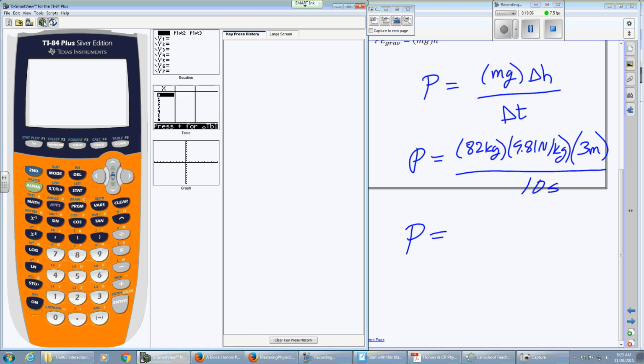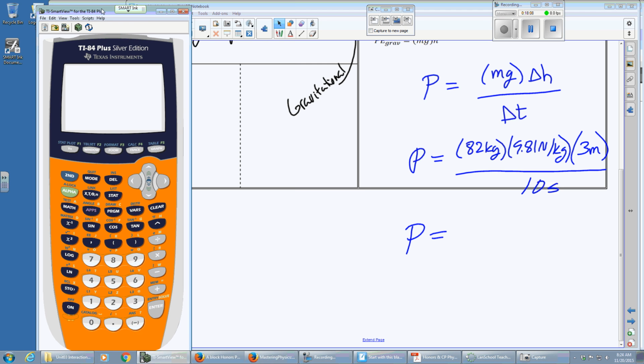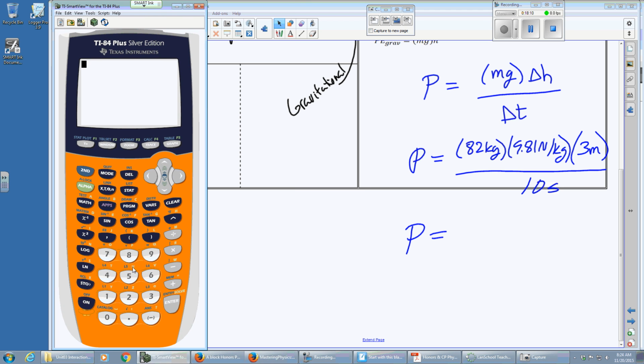I always hold off until I get a final value to do my sig figs. I'm going to do 82 times 9.81 times 3 divided by 10. And I get 241.326.